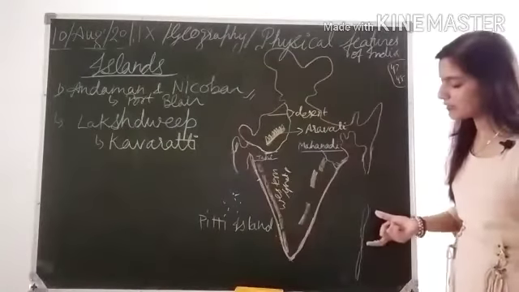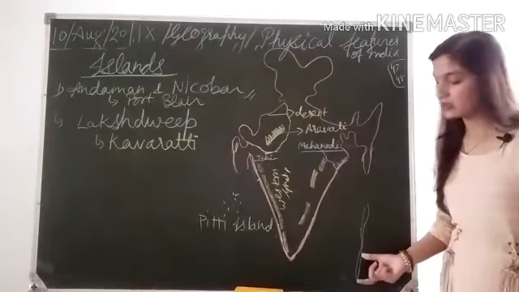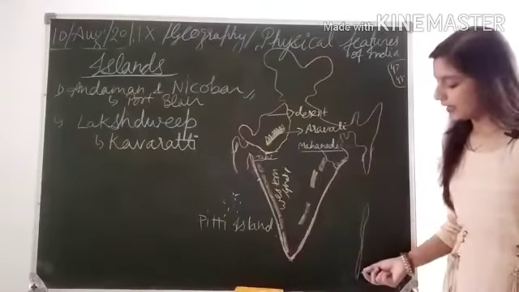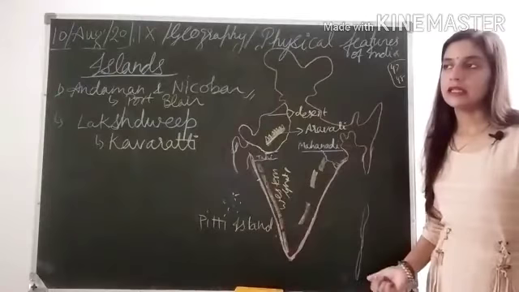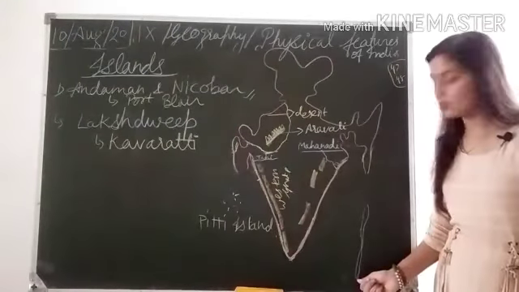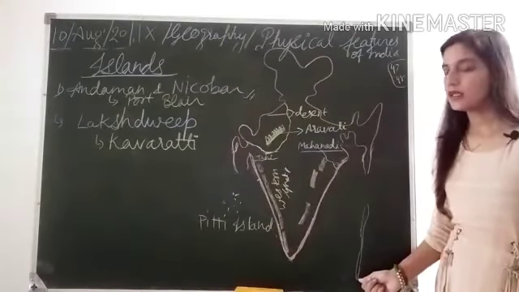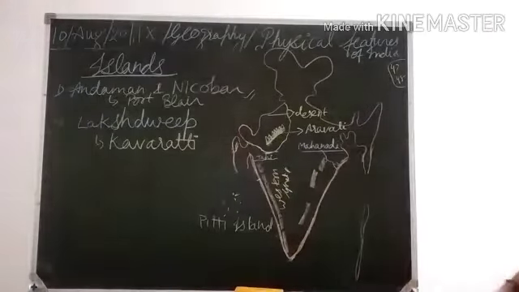The northern part is known as Andaman and the southern part as Nicobar. Indira Point lies in Nicobar Island only, but it is now submerged after the tsunami.